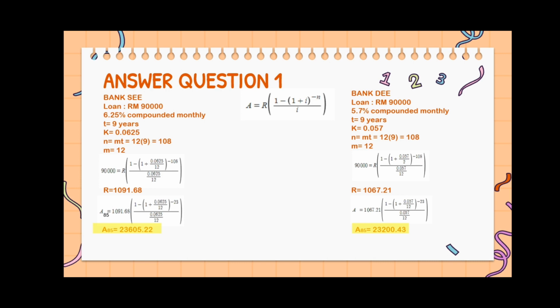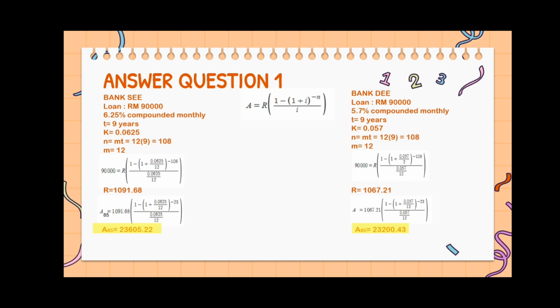Using a calculator, we get R equals 1091.68.